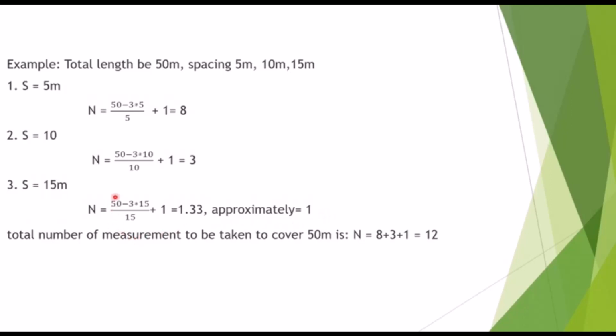To find the total number, we have to add these 3 measure numbers. When we add, we get a total measure number of 12, which is the total number of measurements to be taken to cover 50 meters.